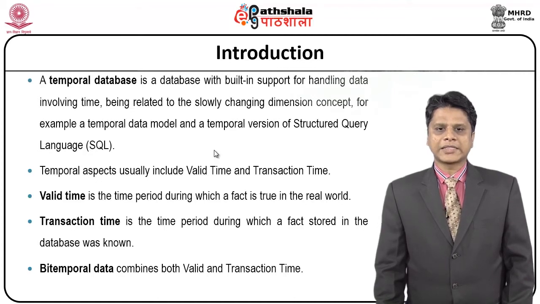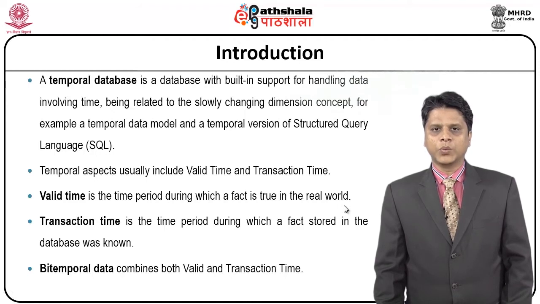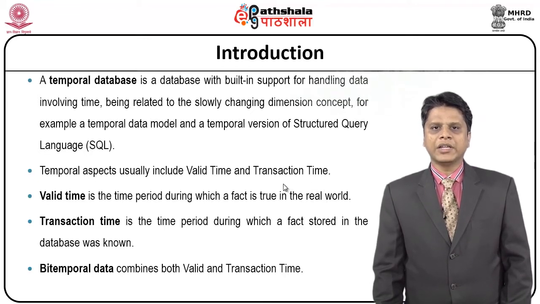We will try to understand valid time first. Valid time is nothing but a time period during which a fact is true in the real world, meaning that a record can be updated on any event happening in the real world. Say, for example, a child is born on a specific date, say 17/2/2017, but the transaction has been updated only on 18/2/2017.